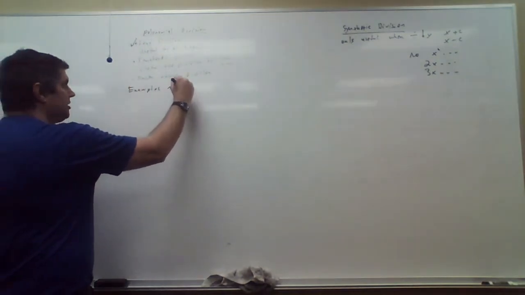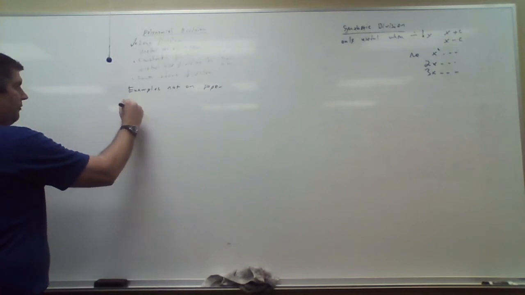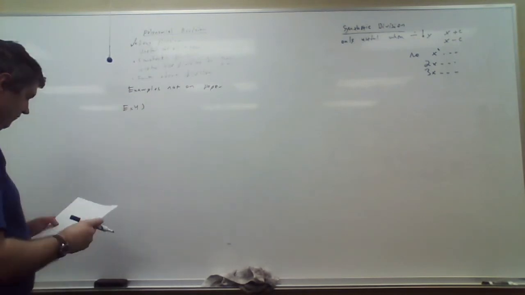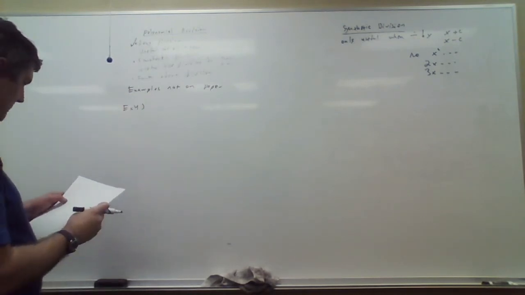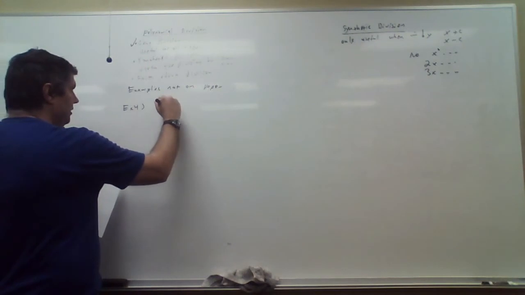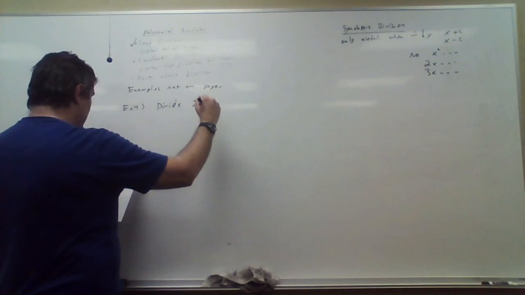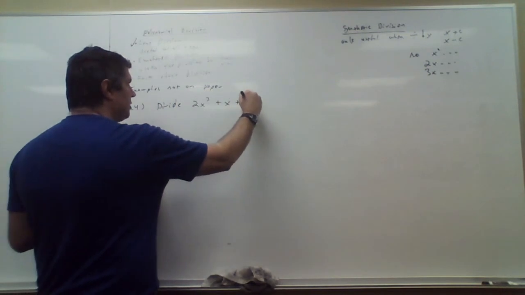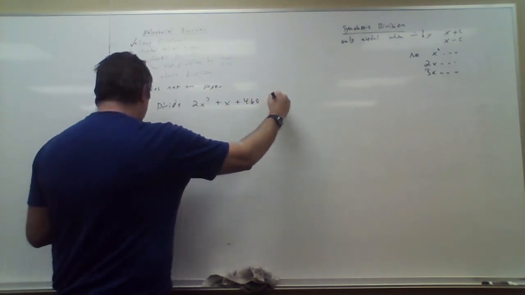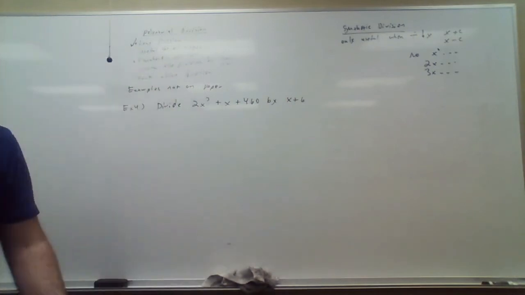Examples not on paper. Example 4. Divide 2x cubed plus x plus 460 by x plus 6. Okay?